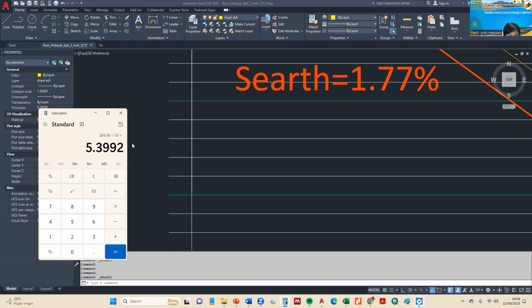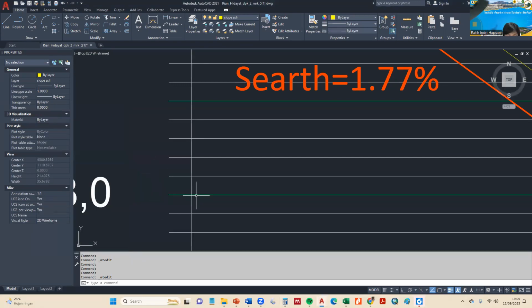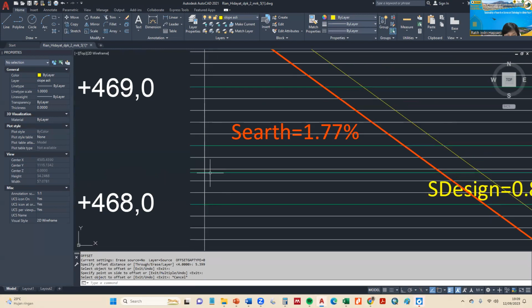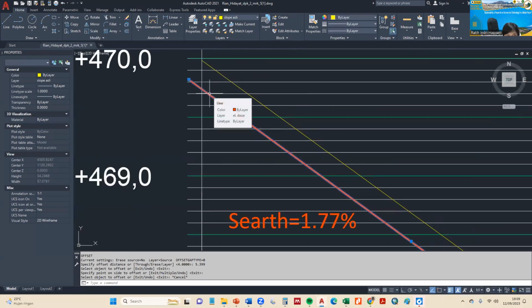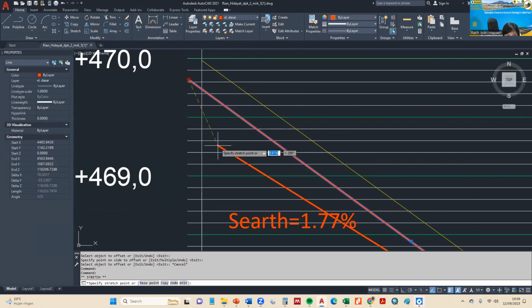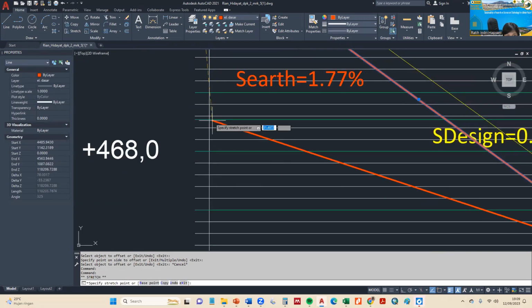Then we offset 5.399. Yeah, from this. Yes, offset here. And this is actually the position of the new channel bed. So please move this to this.